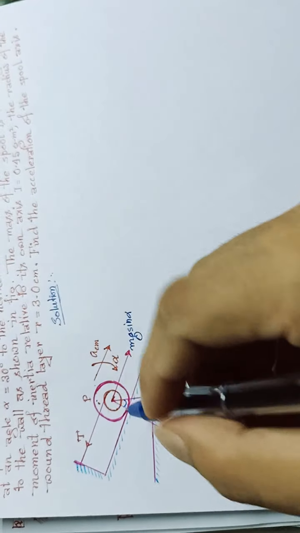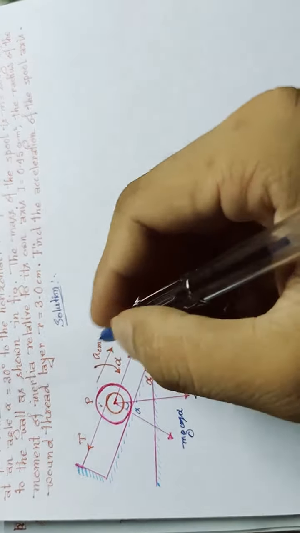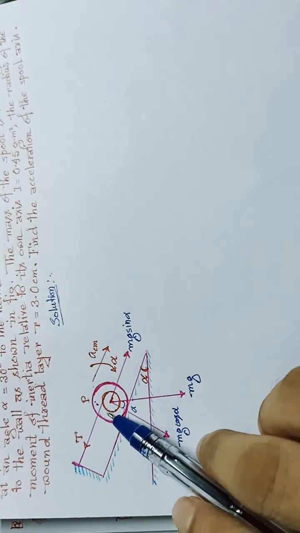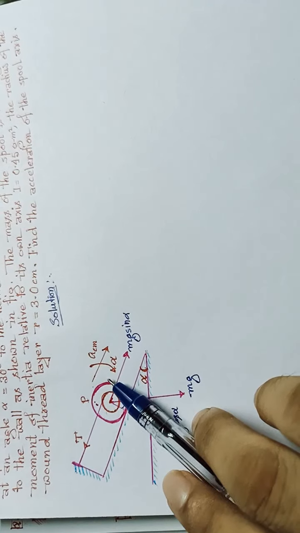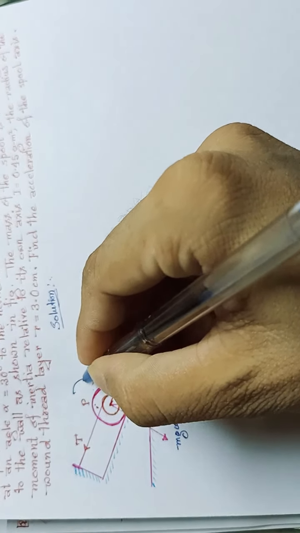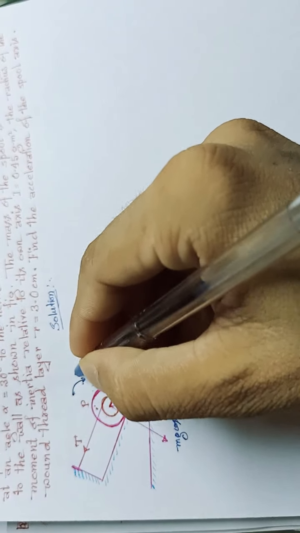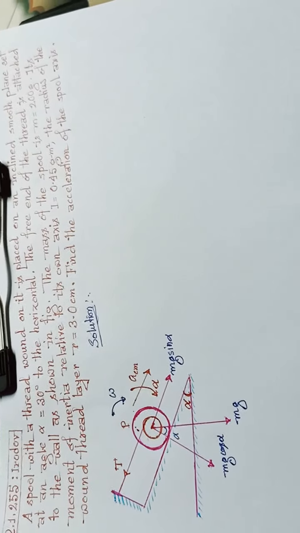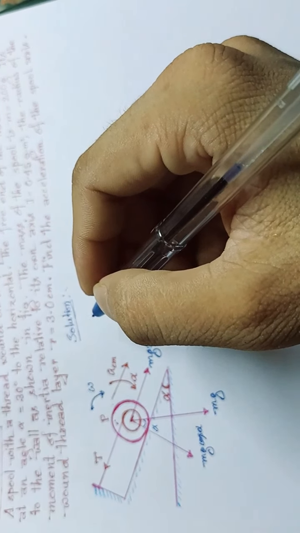Let T be the tension of the string, and the linear acceleration is a_cm, which is directed downwards, its angular acceleration is alpha, and omega is the angular velocity of the spool. So first we will solve this question by the general approach.